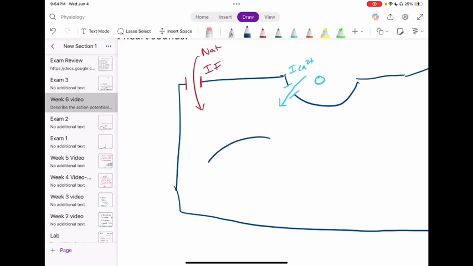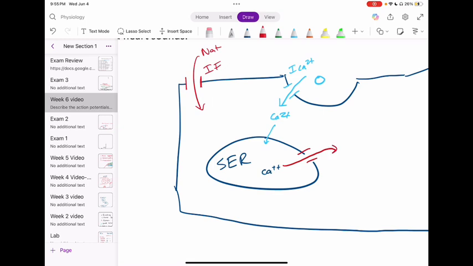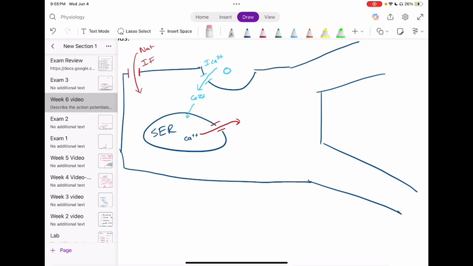Inside this we have the smooth endoplasmic reticulum. There's some calcium in there. This calcium channel opens, sends this calcium here, and it activates another calcium channel for the calcium in the smooth endoplasmic reticulum to leave, and that will activate a potassium leak channel here that will enter the cell.